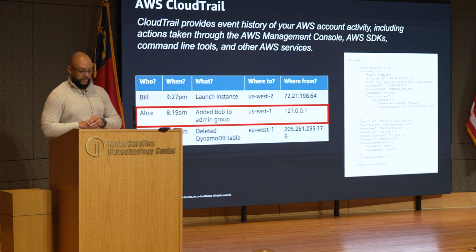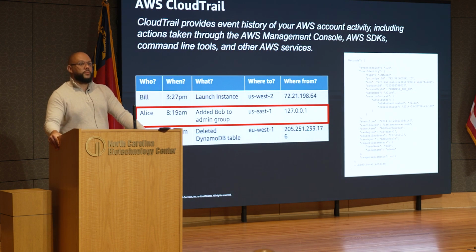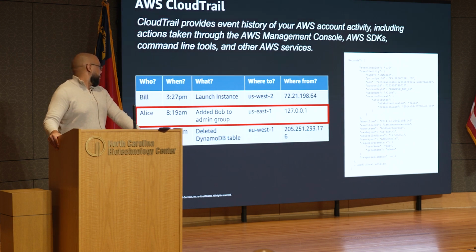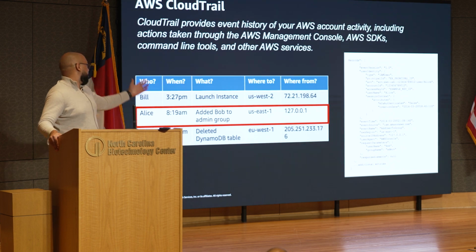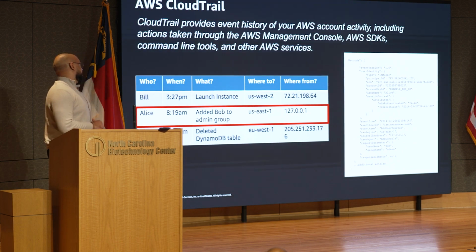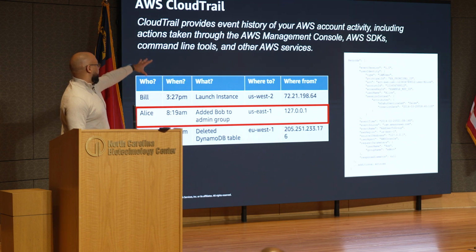Here's an example of some sample logs on the right. I don't know if you can see that, but basically it's JSON, very standard syntax. In this particular case, you would have the identity at the top that performed the action, the ARN of that identity, the account ID, the access key that was used, any additional context.